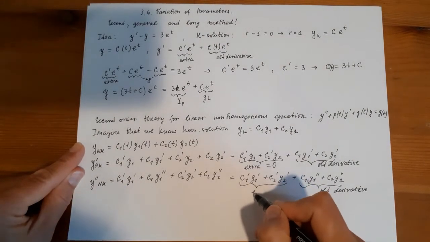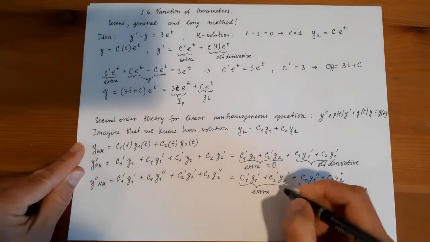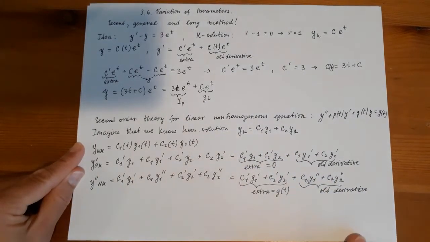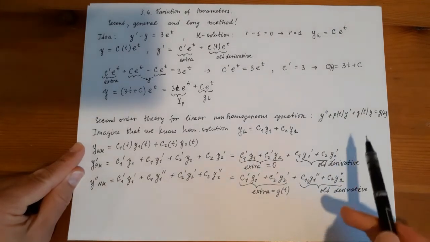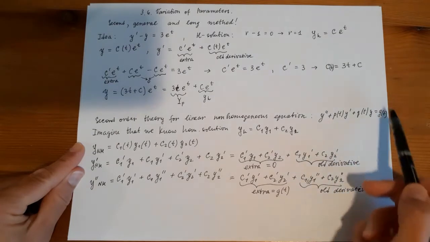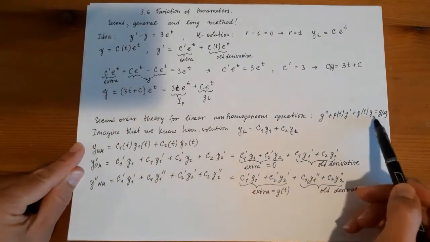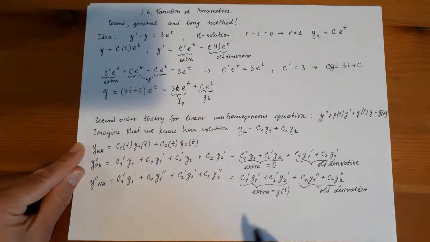It would be nice to set the extra not to 0, but to the function g of t. Why? Let me explain why. I'm going to substitute everything into this equation, and I'm going to remember that the homogeneous solution actually solves the homogeneous equation, when g equals 0.